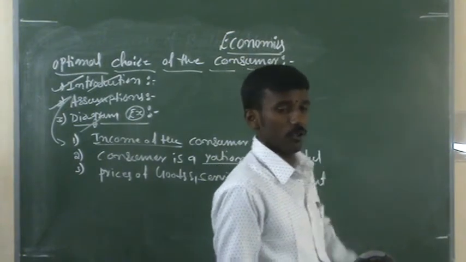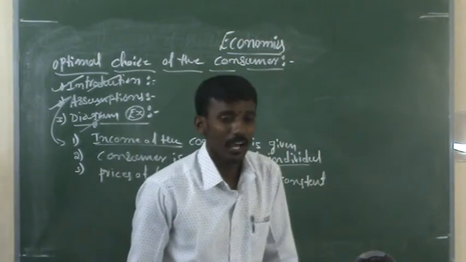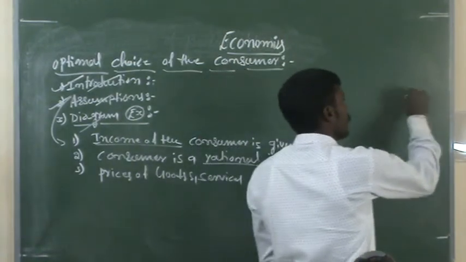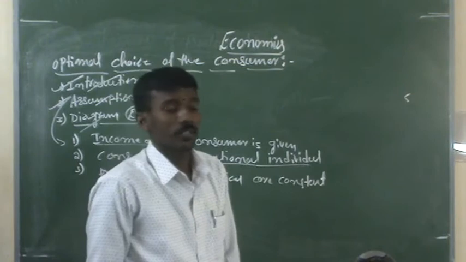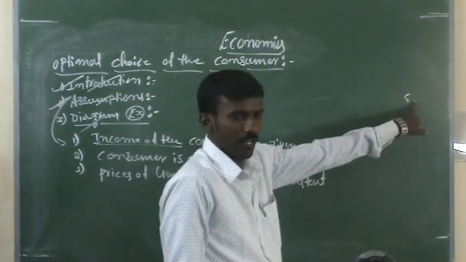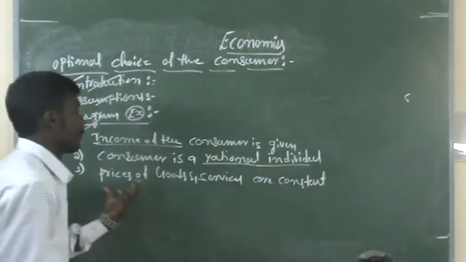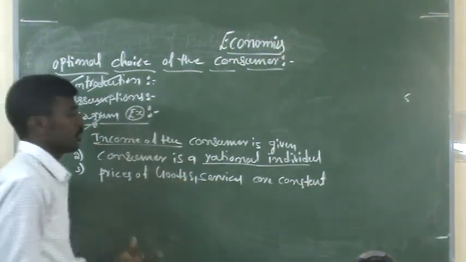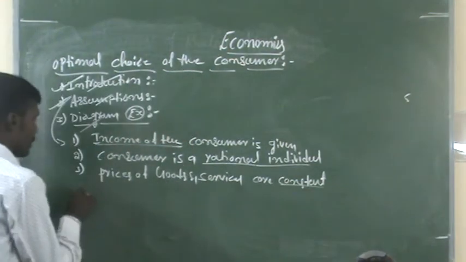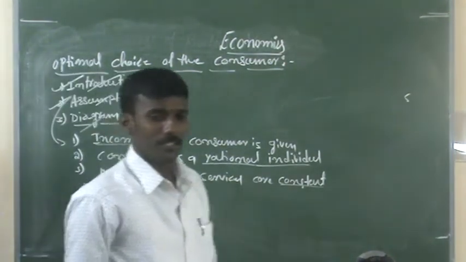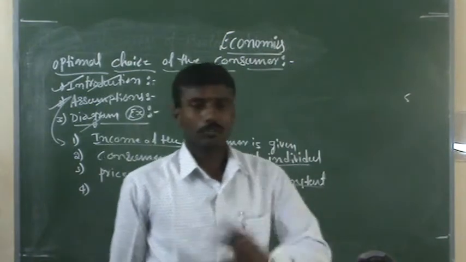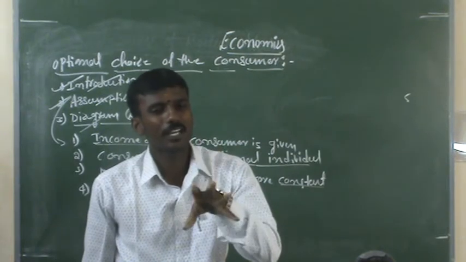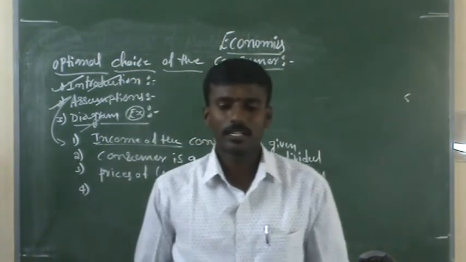In that situation we said the price of the banana and the price of the mango, each price is 5 rupees. We fixed the price of each item at 5 rupees. In the same way, here also the prices of the goods and services are constant. Here the prices of the goods and services do not change. They remain constant, fixed and stable.